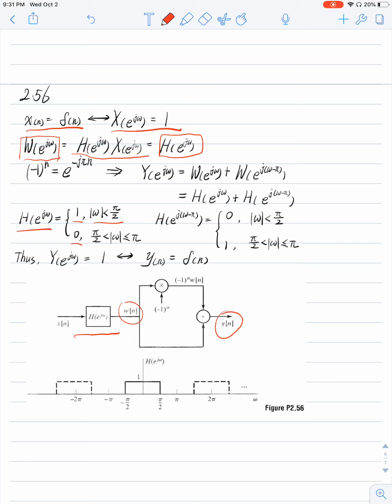And then the system is separated into two ways.